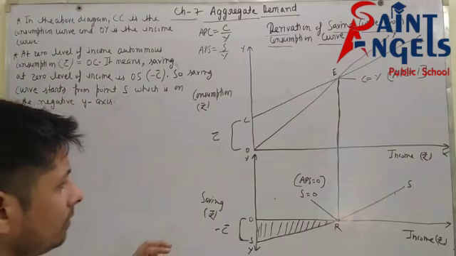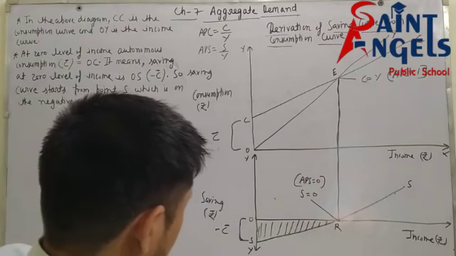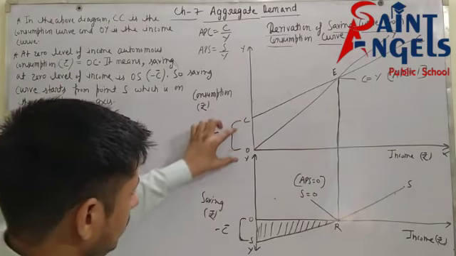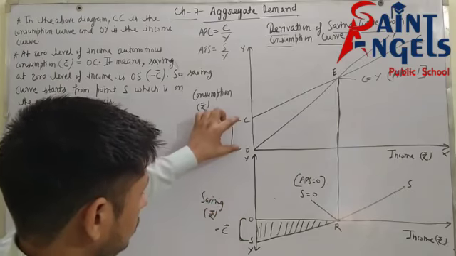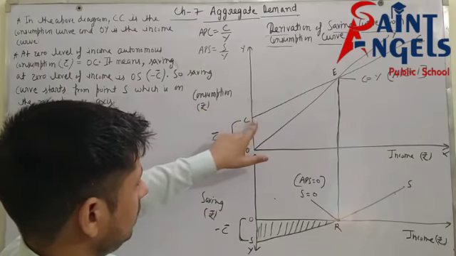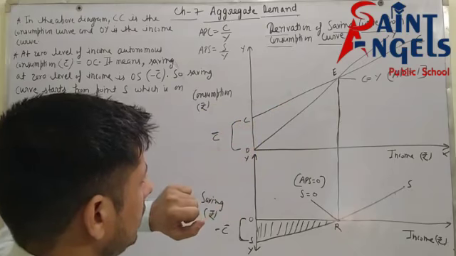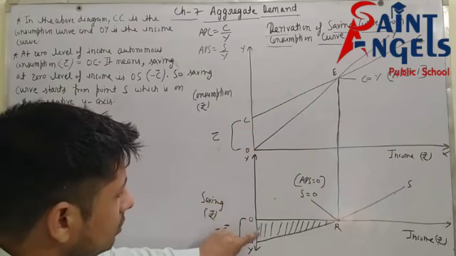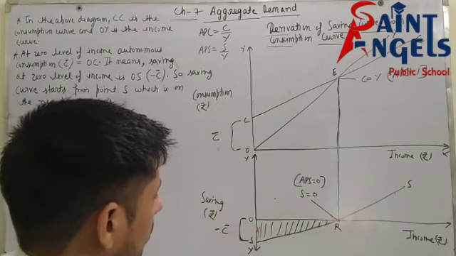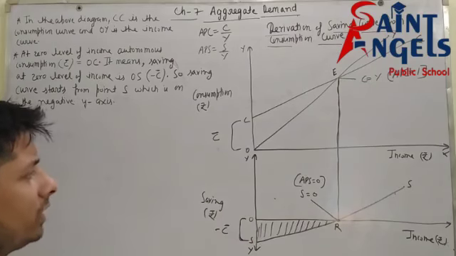Now I hope all of you have understood. This is positive value and this is negative value. This is positive value, that's why the consumption curve is starting from the positive y-axis, and this is negative value, so the saving curve is starting from the negative y-axis.